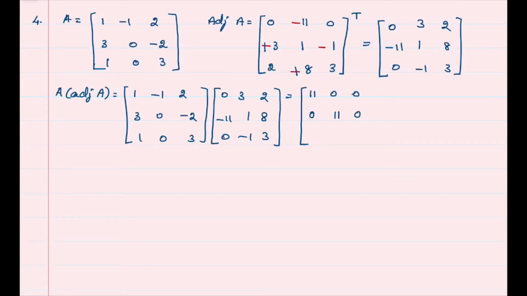Third row into first column: 0 plus 0 plus 0. Third row into second column: 3 plus 0 minus 3, which is 0. Third row into third column: 2 plus 0 plus 9, 11. And this is 11 times I. Now we will calculate adjoint of A times A. Adjoint of A should be written first.